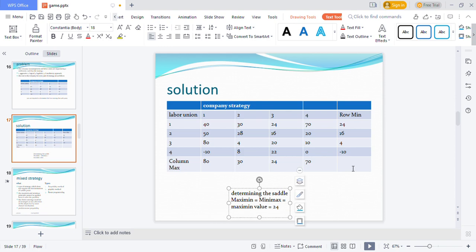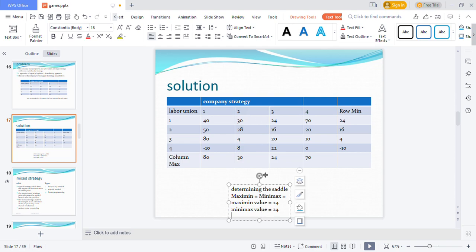Now you come to minimax. The minimax value is the minimum between the column maximum of 80, 30, 24 and 70. So 24 becomes our minimax. So our saddle point becomes 3.